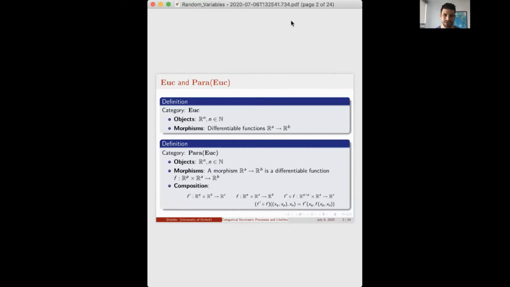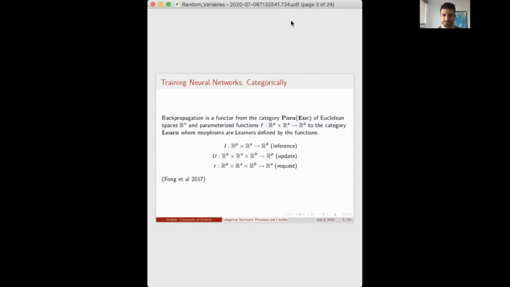But basically, each morphism in Para-Euc is indexed by another Euclidean space. So it's these parameterized differentiable functions as opposed to just normal differentiable functions. And when you compose two parameterized differentiable functions, their parameters compose as well, and you get a larger function with more parameters, similarly to how a neural network would compose.